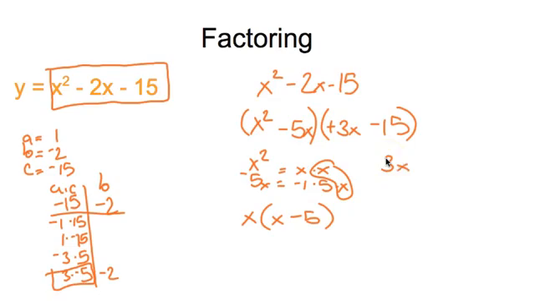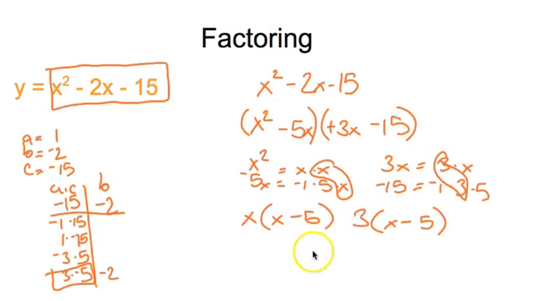Do the same thing over here. 3x would be 3 times x, negative 15 is negative 1 times 3 times 5. If you have to take a little bit more time to do a factor tree or the upside down division, that's fine. But in any case, they have a 3 in common.